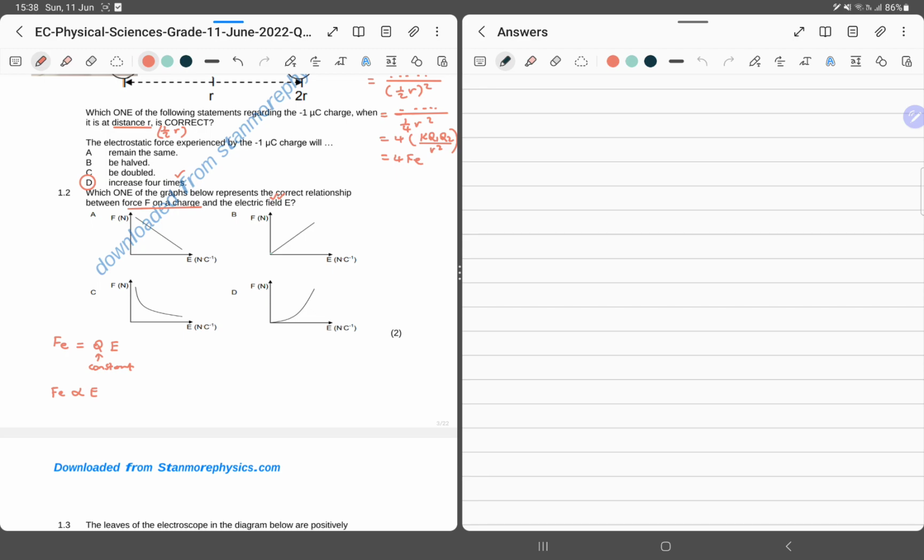So we expect a graph that passes through the origin and is positively sloped like that. This simply says if the electric field increases, the force increases, and if the electric field decreases, so will the force, provided we're keeping our charge constant. So the answer there becomes B.